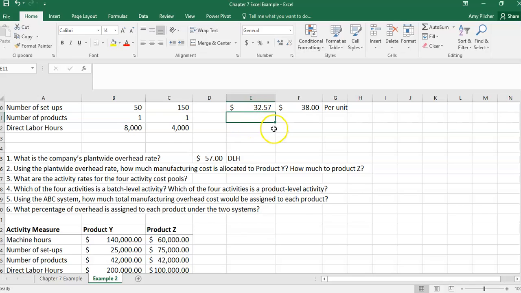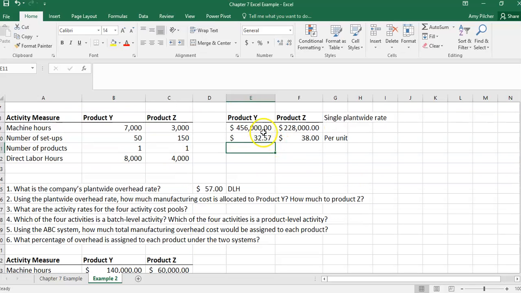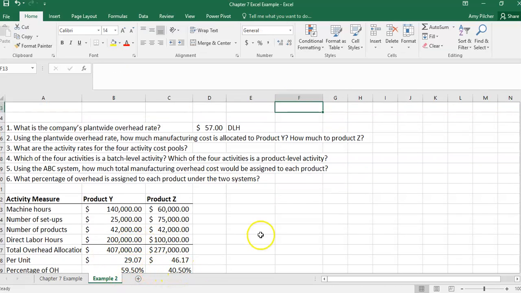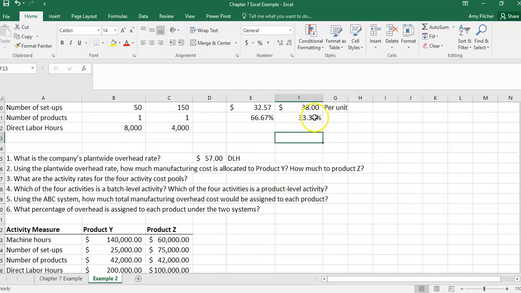We know that we're going to shift percentages because we shifted the overhead from one product to another. So we're going to lower the percentage that product Y gets and increase the percentage that product Z has.